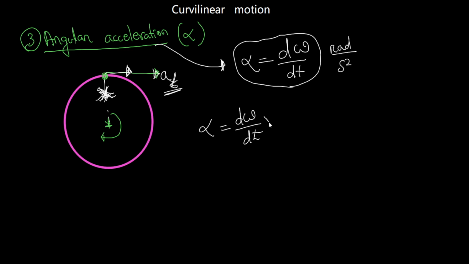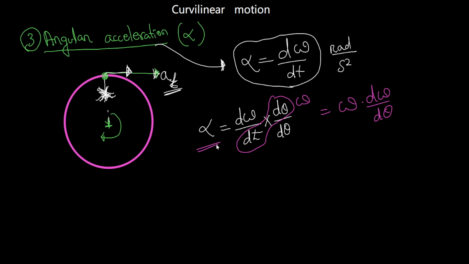If I multiply the numerator and the denominator by d theta, you will get d theta by dt, which is nothing but omega. So I'll write omega into d omega by d theta. This is also one formula for angular acceleration, okay.